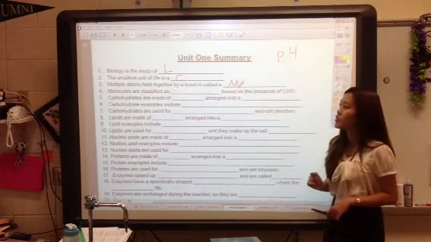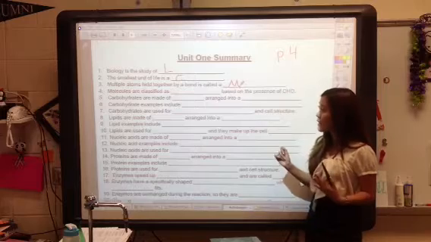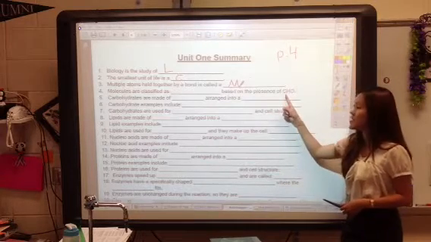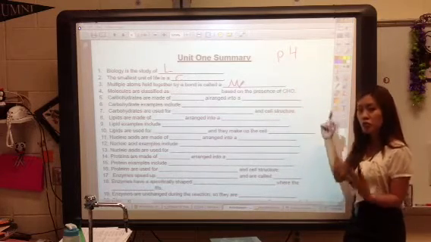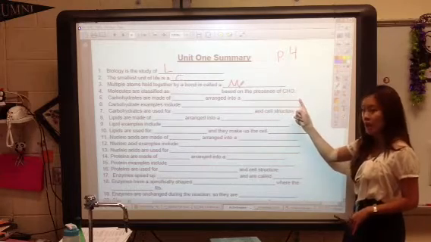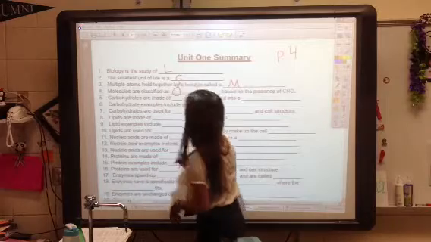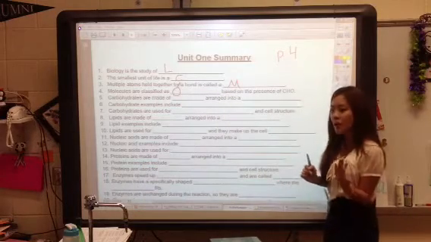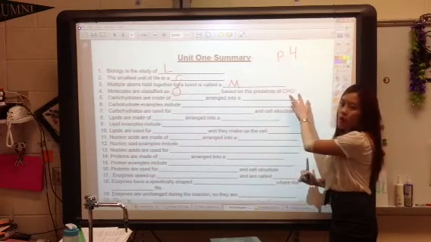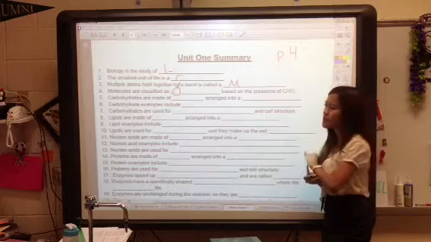Number 4, molecules are classified as blank based on the presence of CHO, carbon, hydrogen, and oxygen. This is actually going to start with an O. What is it called when molecules have all 3 of these elements?